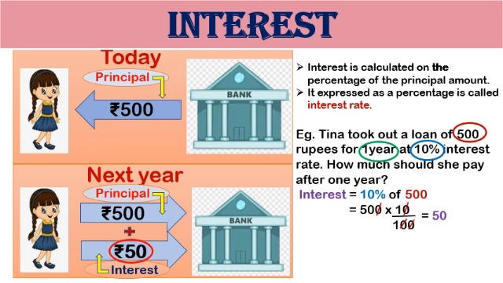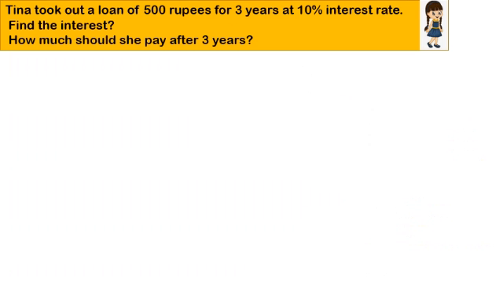Yes. So the total amount equals principal plus interest. That is 500 plus 50. It will be 550 rupees. So the total amount she will have to pay back after 1 year is 550 rupees. And the total amount is always equal to the sum of the principal and the interest.